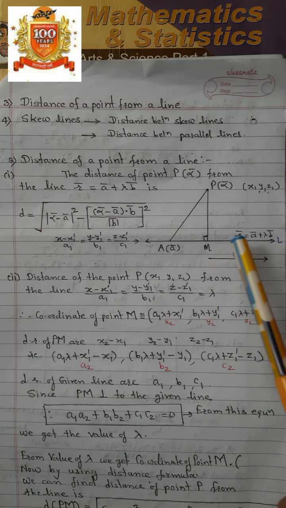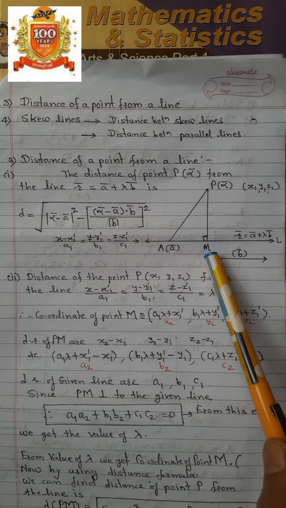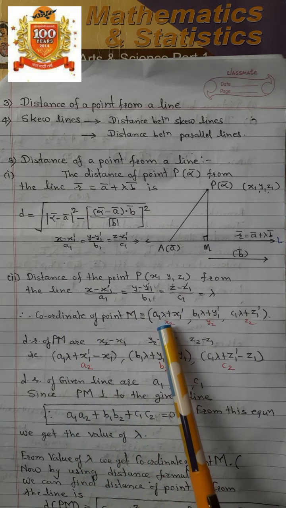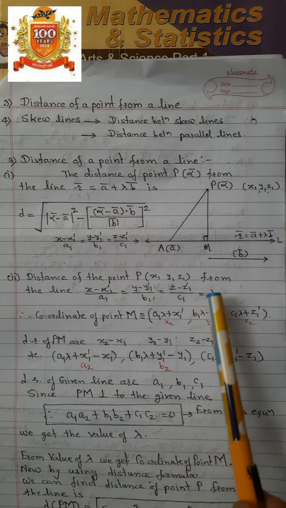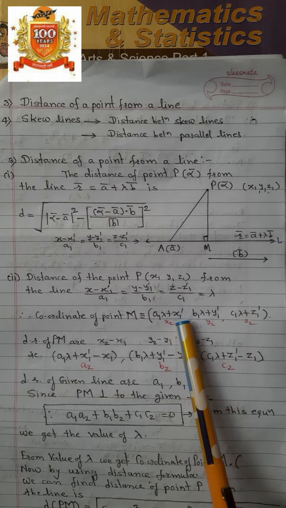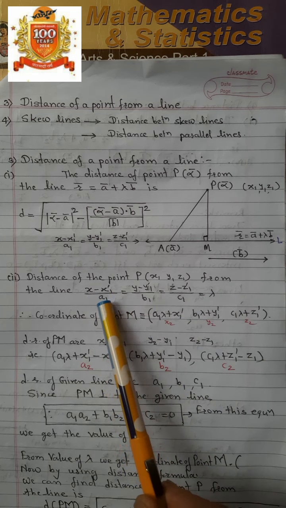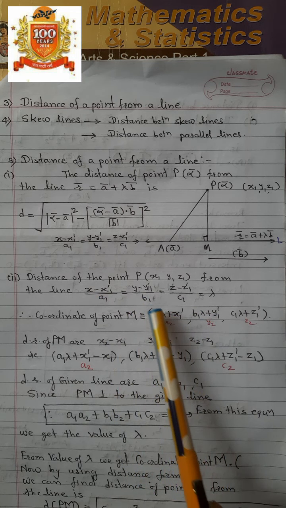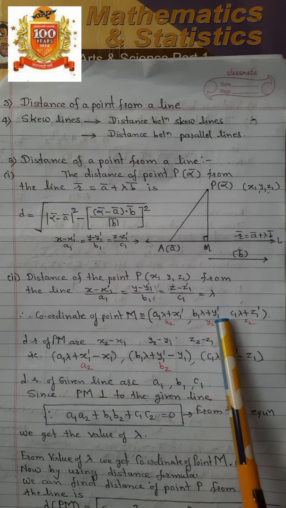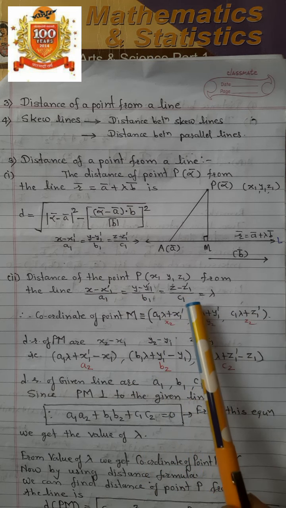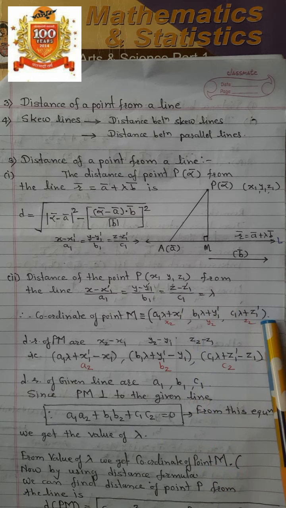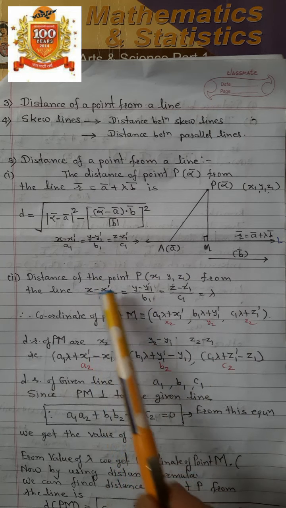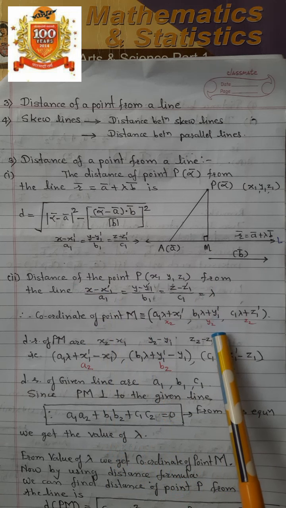For that we have to first find the coordinates of point M. From this we get x is equal to a1 lambda plus x1 dash, y is equal to b1 lambda plus y1 dash, and z is equal to c1 lambda plus z1 dash.